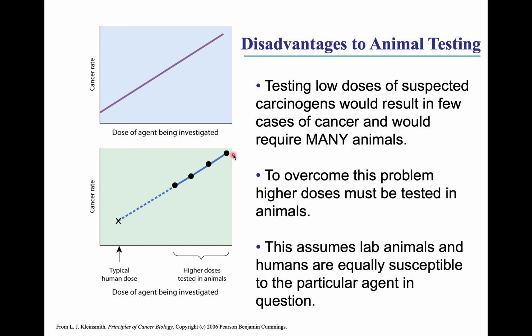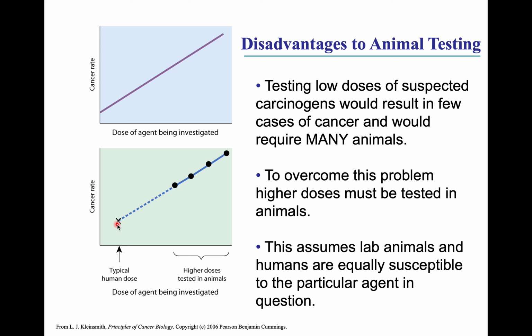And so you could do these animal studies where you're treating with maybe 3 or 4 different high doses, and maybe you see something like this, where you get this nice dose response in the animal studies. It's very linear, and we would like to say, well, we should be able to extrapolate that back down to the low typical human dose or not.